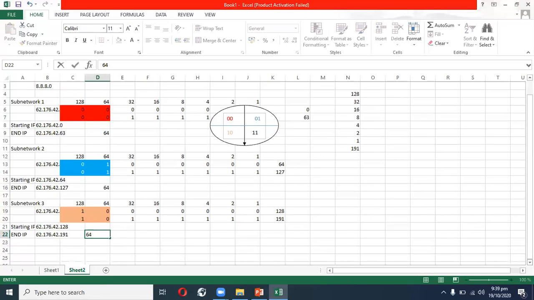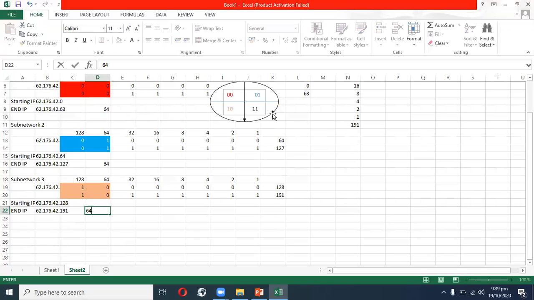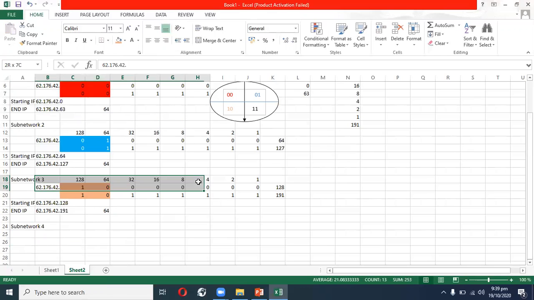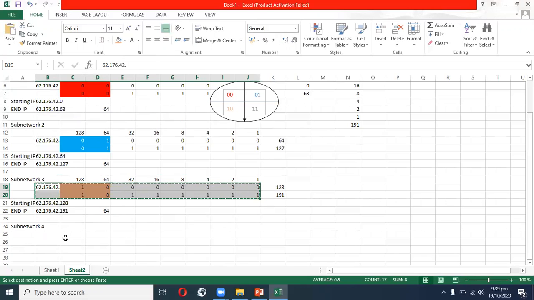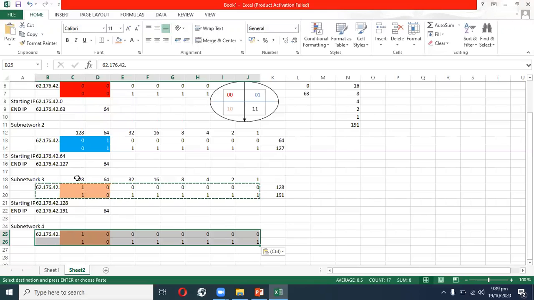Now let's do the last one. Our last one is 1-1. Let's keep the same color and make it the fourth subnetwork. We are using the same thing, so let's just copy all of it, Control C, and copy our formula.